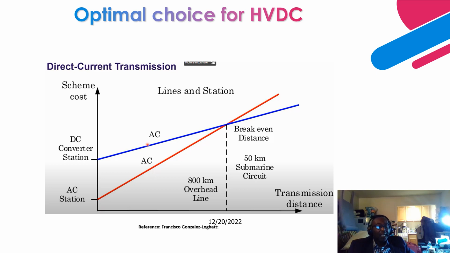So these 3 attributes have a much lower cost, though the terminal cost is much higher.